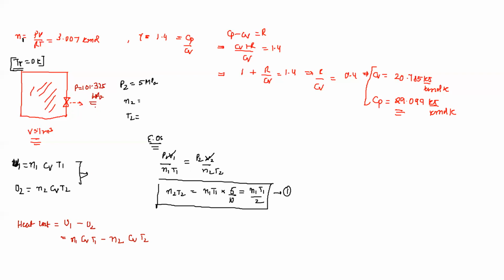So this is basically heat lost at constant pressure. So the heat gained by the atmosphere at constant pressure is equal to the heat lost, that is the number of moles that are lost, N1 minus N2, right? If initially N1 moles are there and finally N2 moles are there, then N1 minus N2 moles are sent into the atmosphere. Since it is sent as enthalpy, it is into Cp.